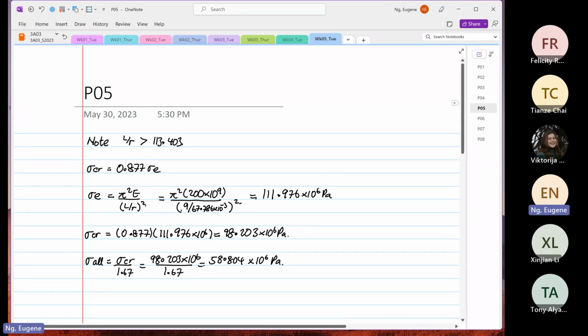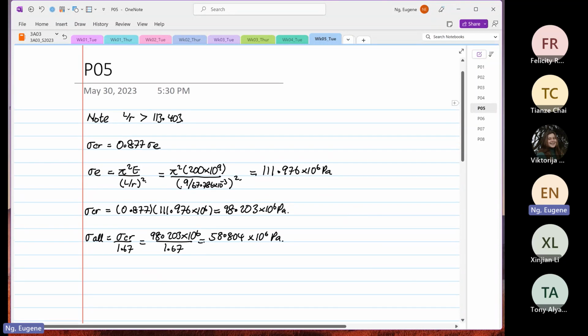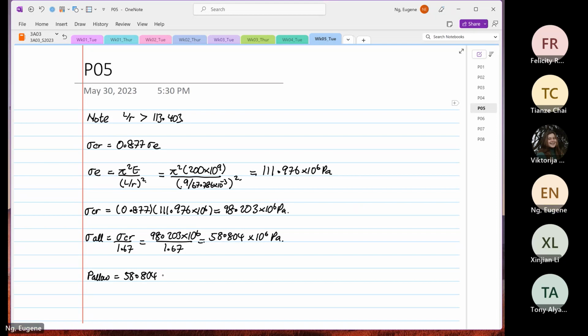Then the P allowable is equal to 58.804 times 10 to the power 6, and then the area. Did we calculate the area? I think we did.